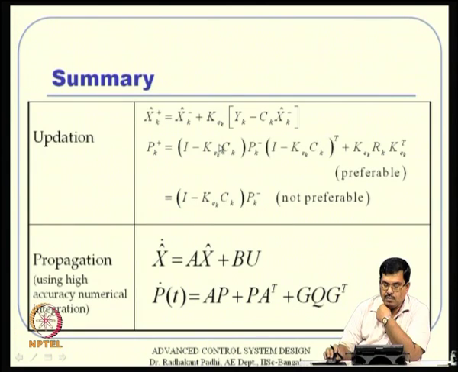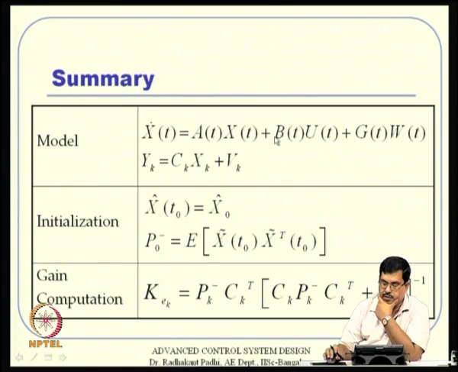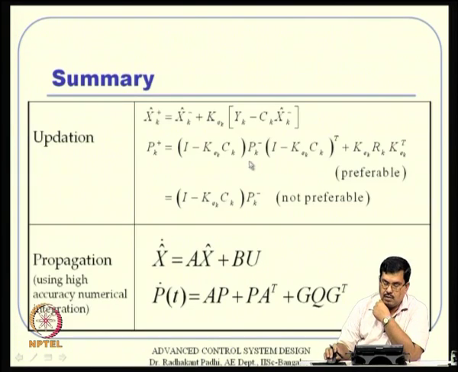Once you compute the gain, you will be able to correct the state vector starting from the predicted value, and we can get an updated value using this innovation term. Then we need to get ready with the next time step. The state equation can be propagated using this part of the system dynamics, not including noise, and the covariance matrix can also be propagated that way.